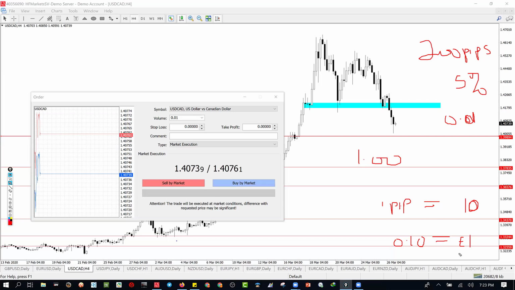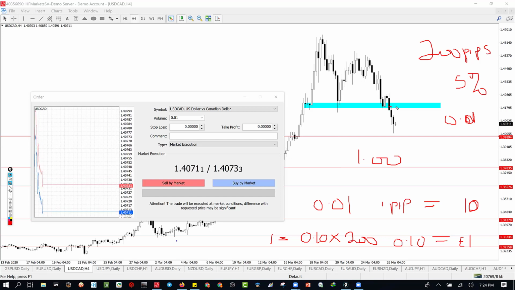Okay, I get it. So one pip of movement will be $1. So if you are taking 0.01, that means one pip will be what? 0.10. So if you multiply 0.10 times 200 pips, that will be 20. Good.